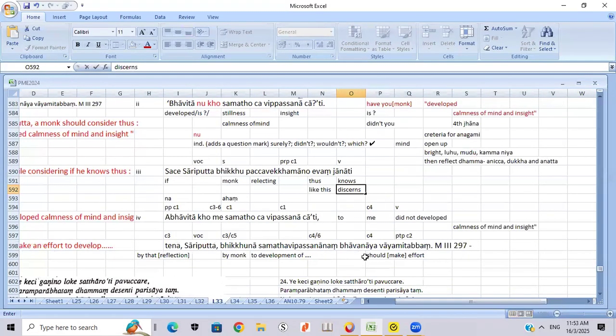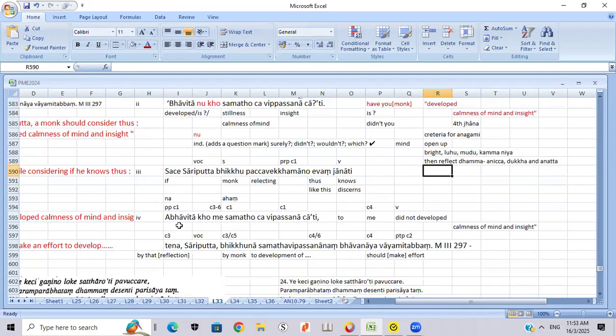Sometimes it's translated as discern. He knows. That means if monks reflect, of course, the object of meditation here is not mentioned, because we have to look at it under this sutta, MN 297, later. So this part, we have no problem.